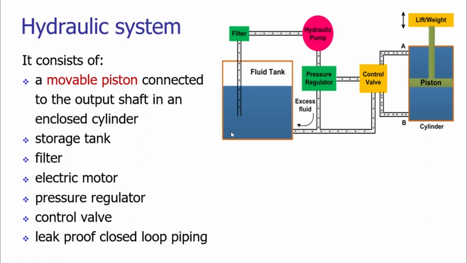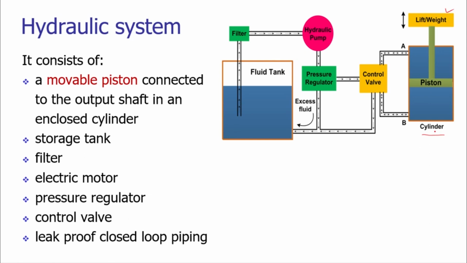On your screen you can see a schematic where the task is lifting a weight, lifting a load. For that purpose we are using a cylinder, a piston cylinder arrangement, that is the actuator, and the weight is applied over the piston cylinder arrangement.